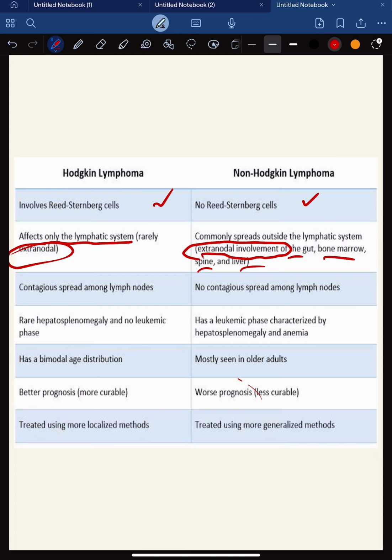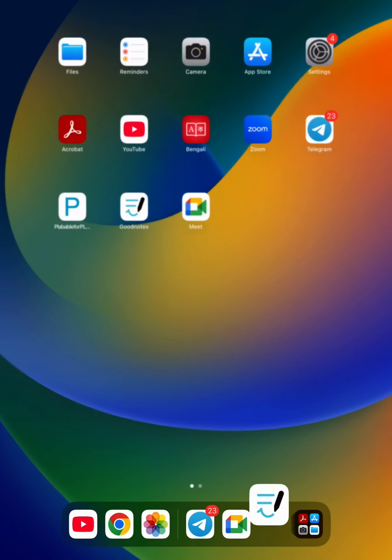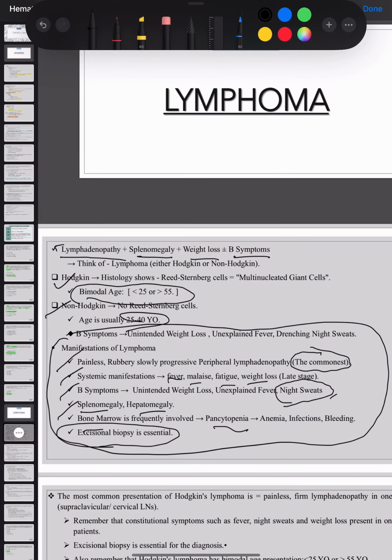In Hodgkin lymphoma, there will be contiguous spread among the lymph nodes, and no contiguous spread in non-Hodgkin. There will be rarely hepatomegaly and splenomegaly in Hodgkin, and commonly hepatomegaly and splenomegaly in non-Hodgkin. Bimodal distribution is seen in Hodgkin and mostly older age in non-Hodgkin. Okay, so this is it about Hodgkin and non-Hodgkin.